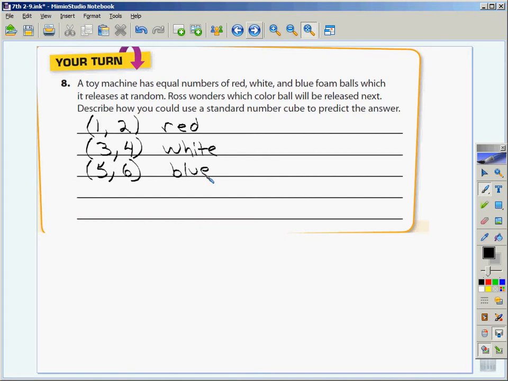Okay? Now there are 3 equal chances. And what could he do now? Roll the dice and record the data. By the way, how many times should he roll the dice?